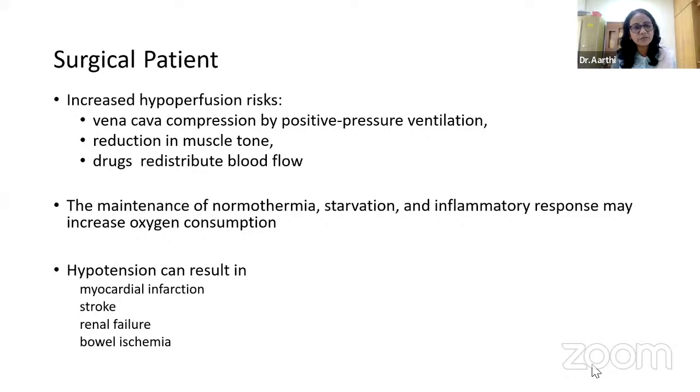Surgical patients are at high risk for hemodynamic instability because of increased risk of hypoperfusion, secondary to vena cava compression due to positive pressure ventilation, and reduction in muscle tone causing redistribution of blood flow secondary to drugs used during anesthesia. Also, the compensatory mechanism to maintain normothermia, to compensate for starvation, and the inflammatory response cause an increase in oxygen consumption on top of decreased delivery. These situations put the patient in a very high-risk position, leading to circulatory disturbance.